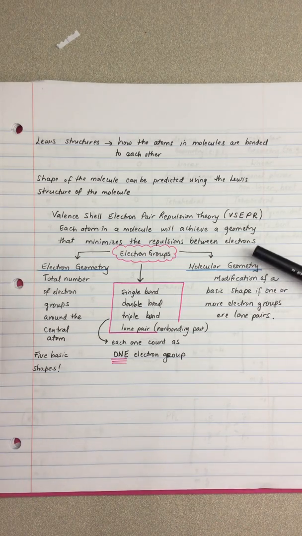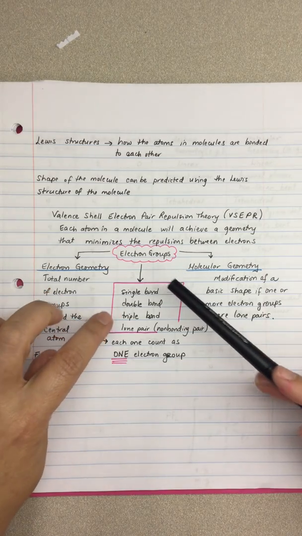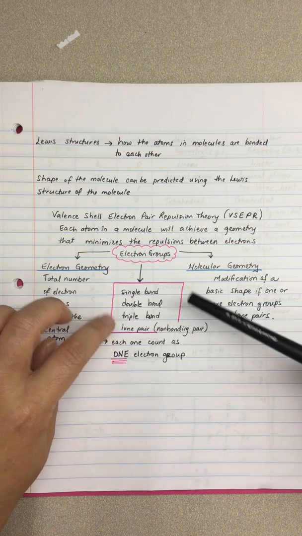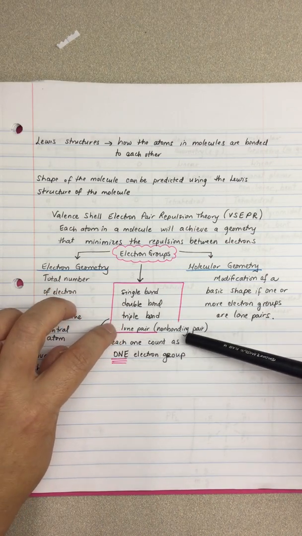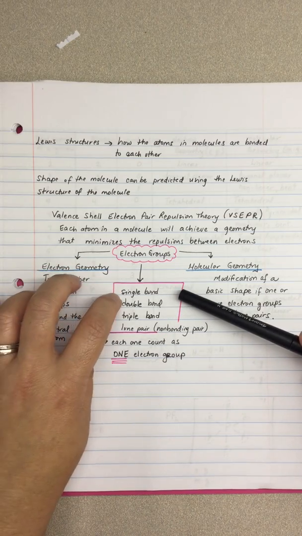We're going to be counting electron groups around the central atom. And then we have what we classify as an electron group, listed right here. If you have a single bond, double bond, triple bond, or a lone pair of electrons, each one counts as one electron group.